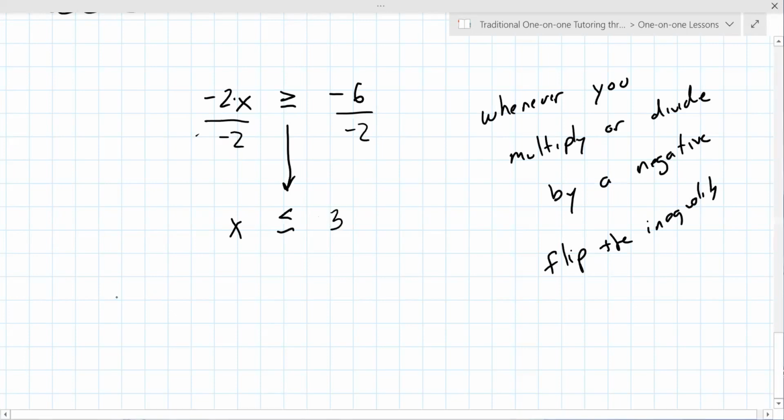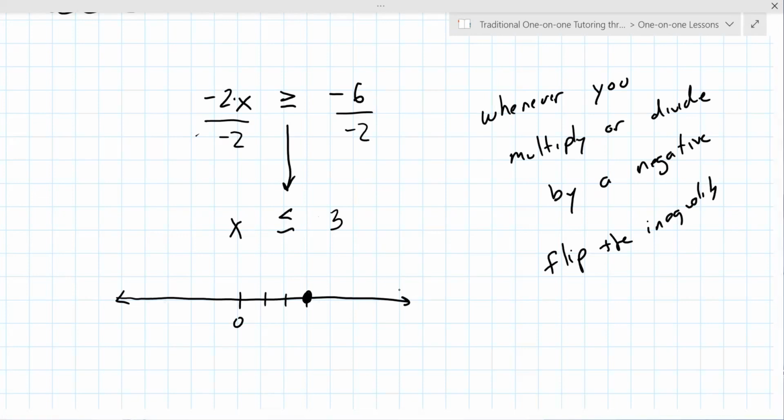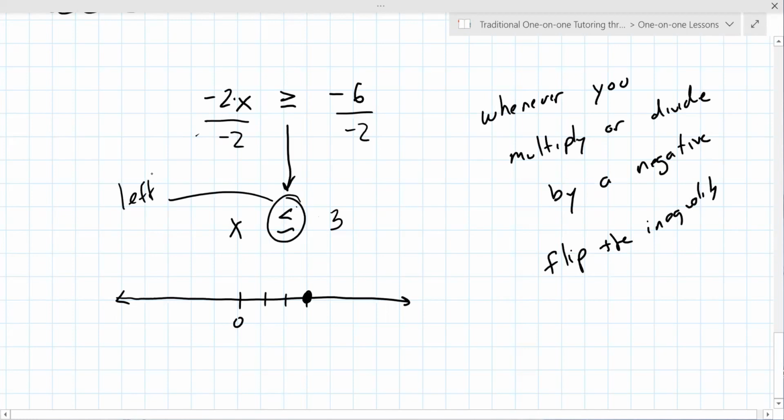Okay, so if we were to graph this on a number line, here's 0, 1, 2, 3. Am I going to graph left or right of 3? You go right. So less than or equal to, no, it's left. I'm sorry, yeah, it's left.